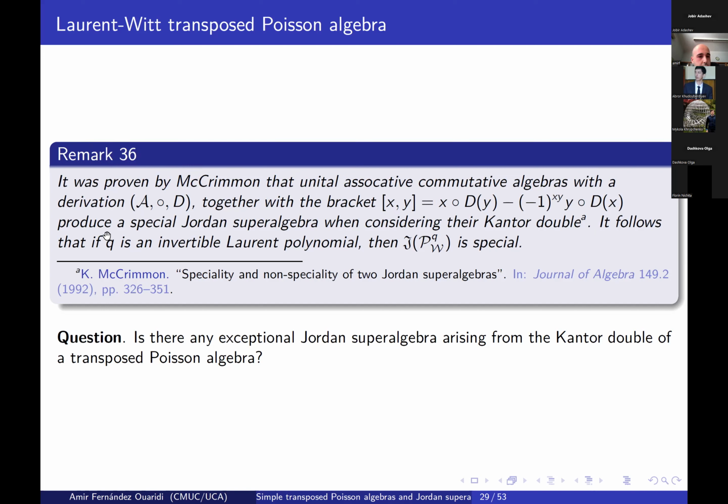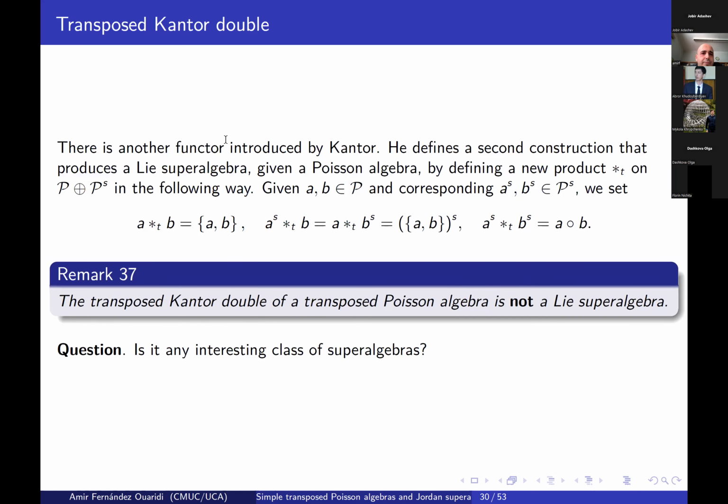So it follows that if Q is an invertible Laurent polynomial, then the algebra we have previously defined is special. So this question is very natural: is there any exceptional Jordan superalgebra arising from the Kantor double of transposed Poisson algebras? I leave it here.